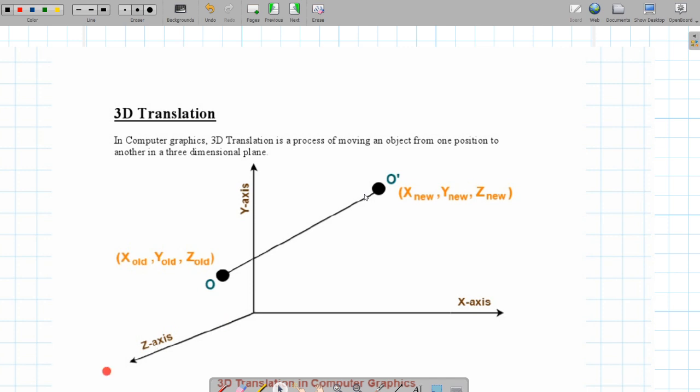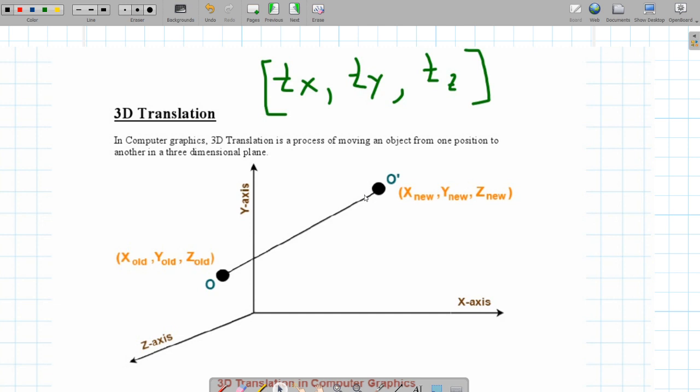Now you want to apply a translation Tx along the x-axis, Ty along the y-axis, and Tz along the z-axis onto your original point x old, y old, and z old.